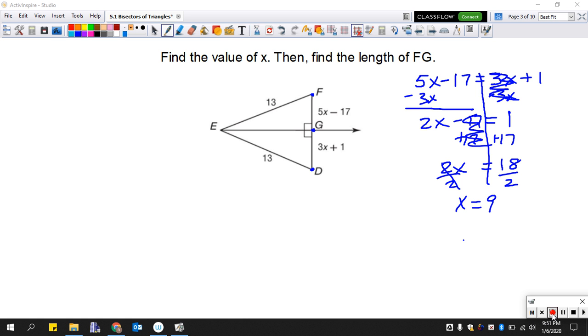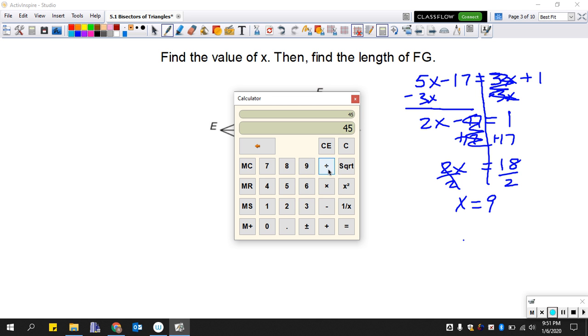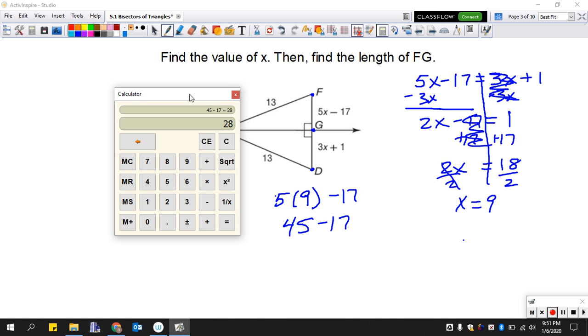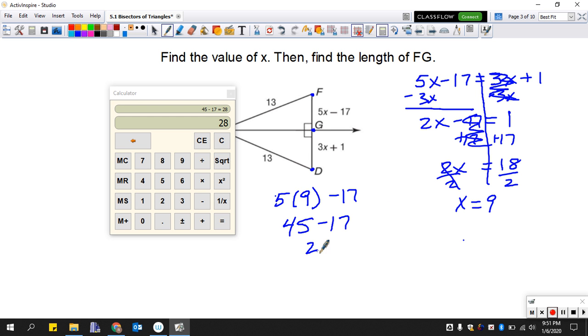So now that we know that the value of x is 9, we just plug it in. FG: we're going to say 5 times 9 minus 17 gives us 45 minus 17. If we get our calculators and go 45 minus 17, we end up with a value of 28.